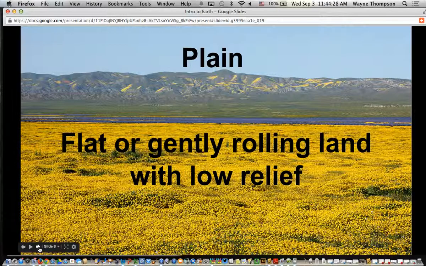Also, plains aren't perfectly flat. They could be gently rolling too. And here it shows a beautiful plain with gorgeous flowers, and I'm sure we'd all like to be there.